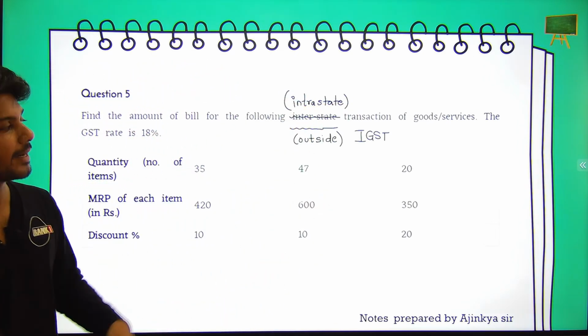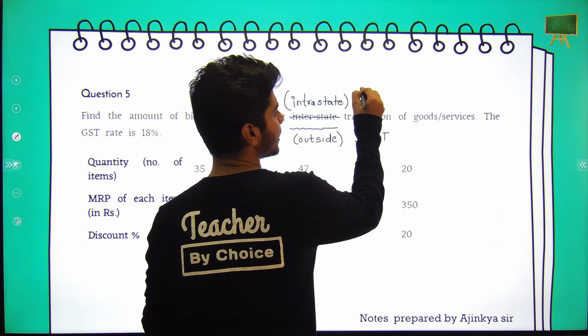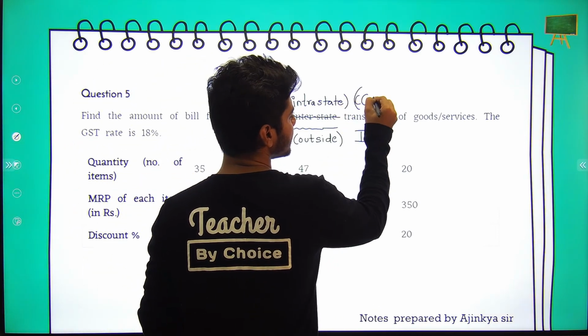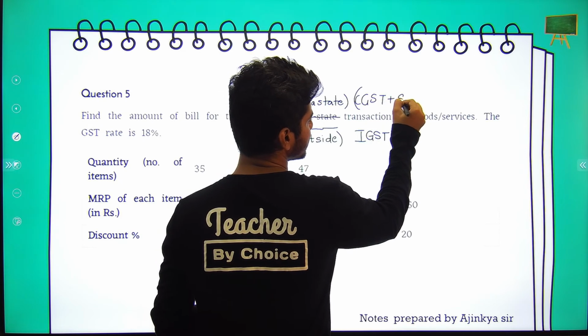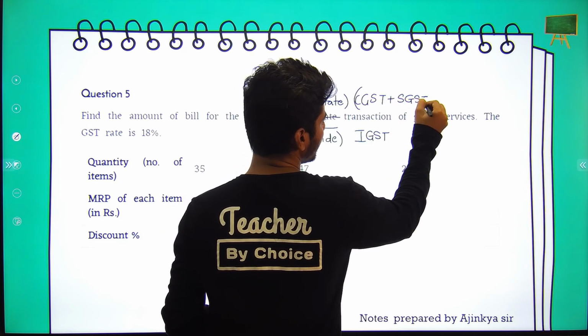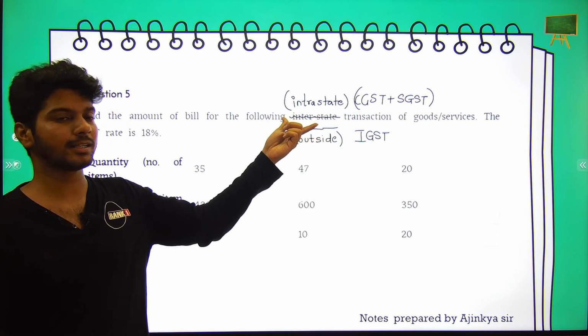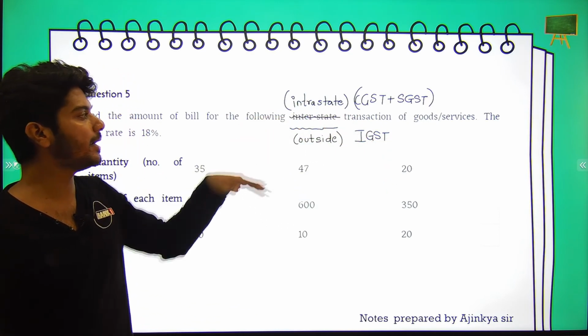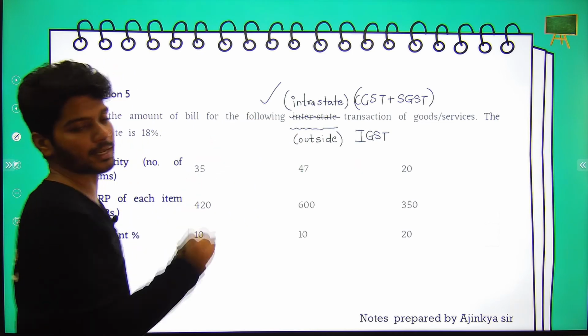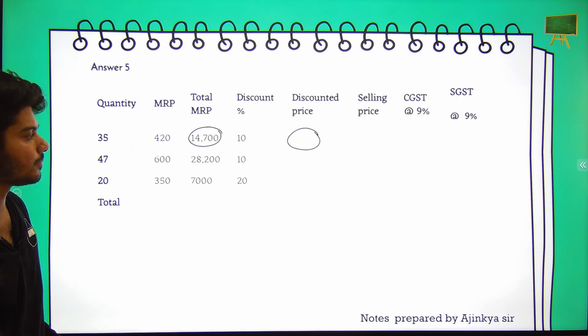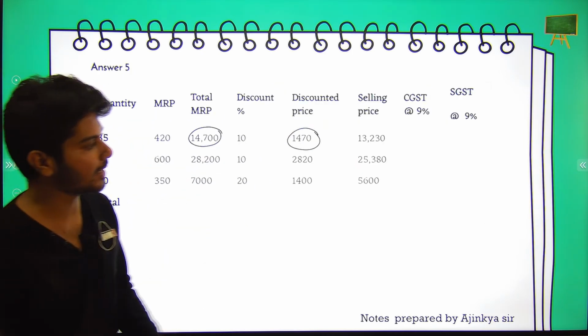Okay, let's make it intrastate, and then we are calculating CGST plus SGST. As I have already calculated, I am changing the sum. We will do one more interstate sum, but currently we are doing this sum. Intrastate, so it would be easier to tackle the sum.